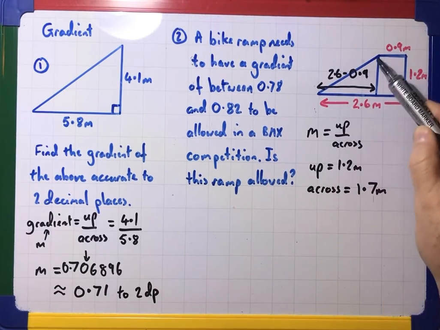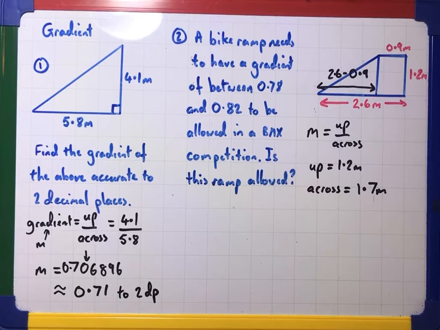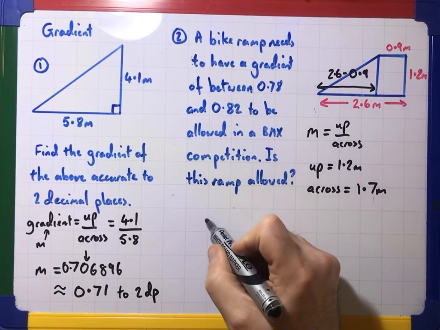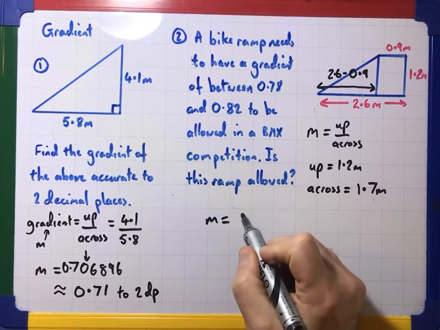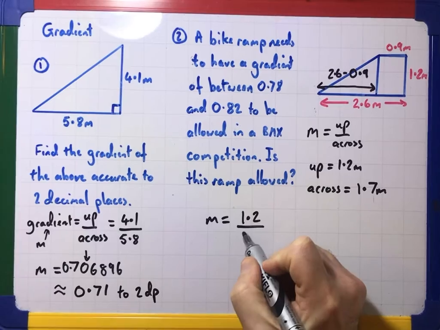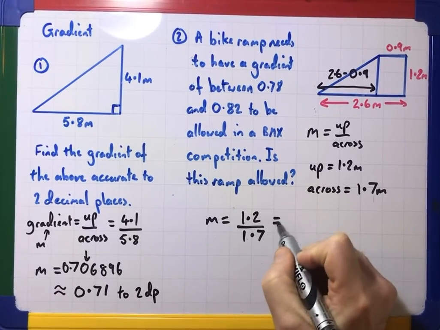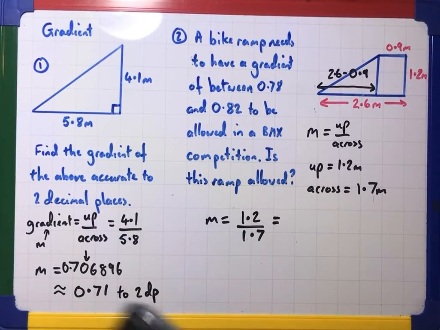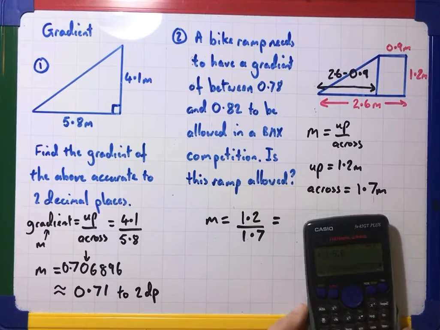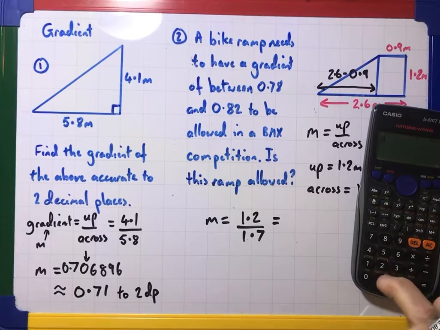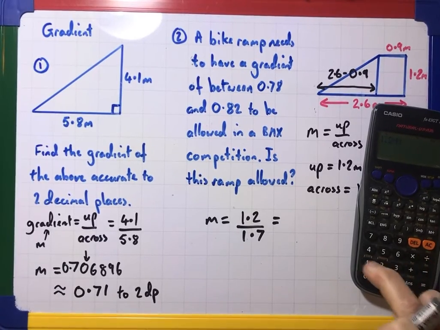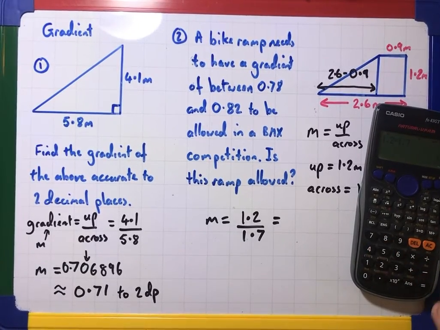This part isn't. Right, now we can do our up over across. So that's going to be 1.2 divided by 1.7. Again, I'm going to use my calculator. 1.2 divided by 1.7 equals.